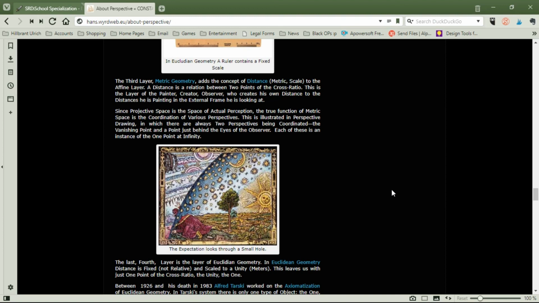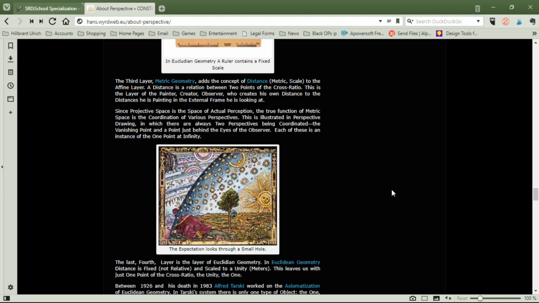This is the layer of the painter, the creator, the observer, who creates his own distance to the distances he is painting in the external frame he is looking at. Since projective space is the space of actual perception, the true function of metric space is the coordination of various perspectives.